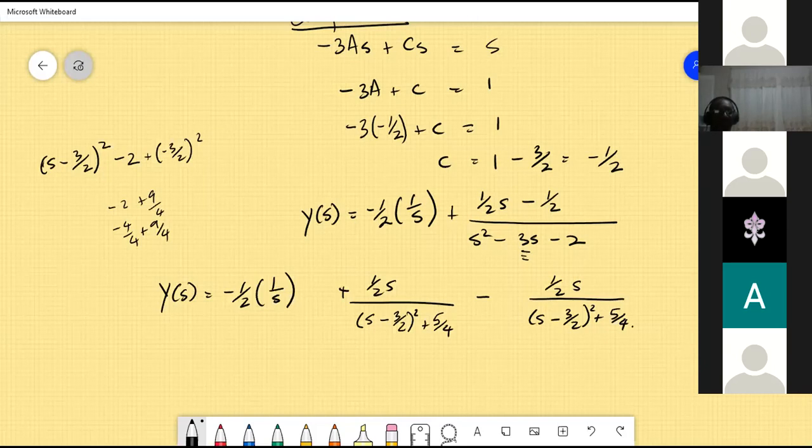Oh, 9 over 4, that's supposed to be minus 8 over 4. Yes. And then the numerator, sir, you have 2 of them. Okay, so this is half.